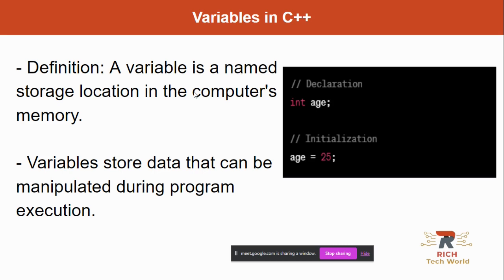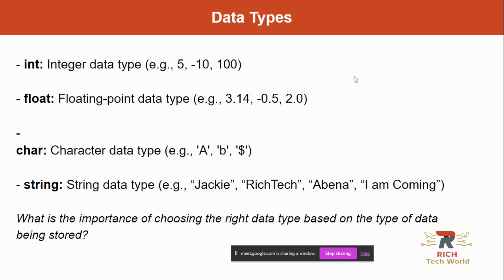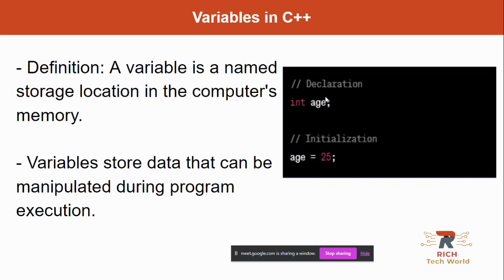You get it? Or maybe you have a variable that you are going to use to store the age of someone. Like we have here, int age. This variable is for storing age, and the name of that variable is called age. And you could see here that they initialized it. When we say we are initializing a variable, that means you are assigning the variable a first value. You are giving it its first value.